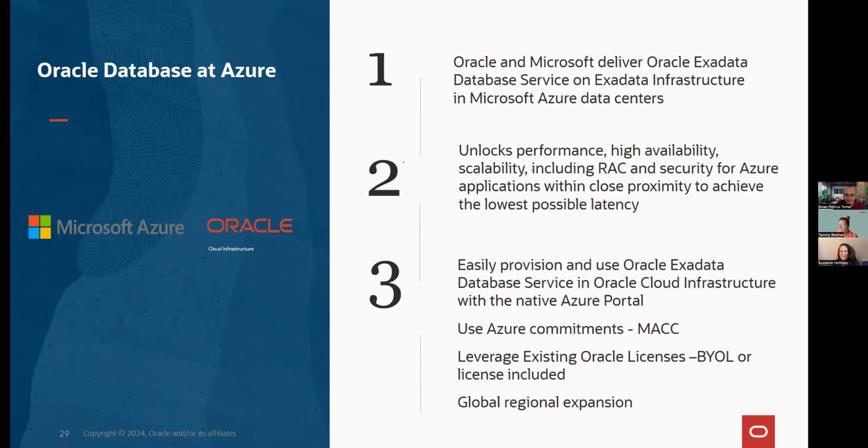And the Exadata cloud service also includes RAC by default for the high availability and scalability. And you won't have this if you are just running your Oracle database on the Azure platform, not on Oracle Database at Azure.